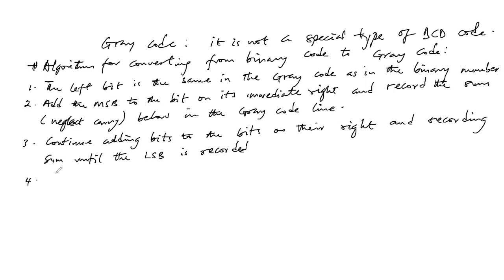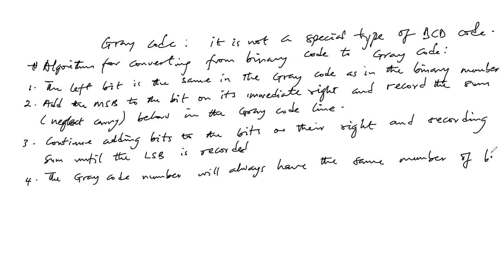And the fourth point here is that the gray code number will always have the same number of bits as the binary number.